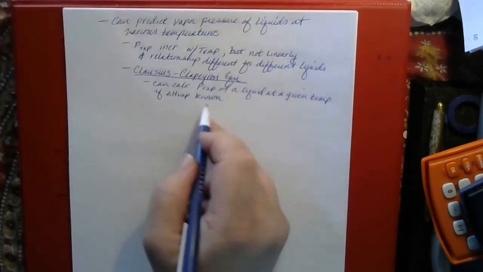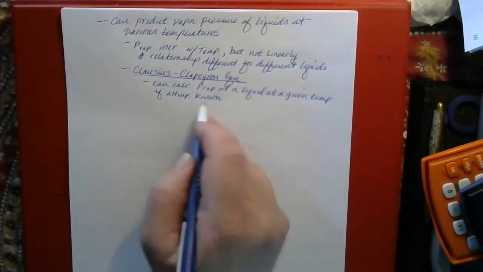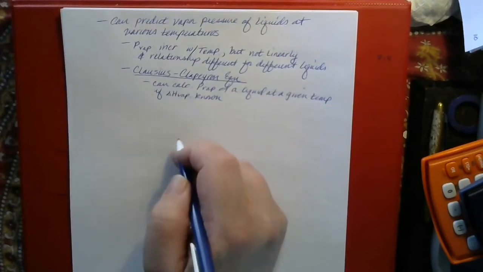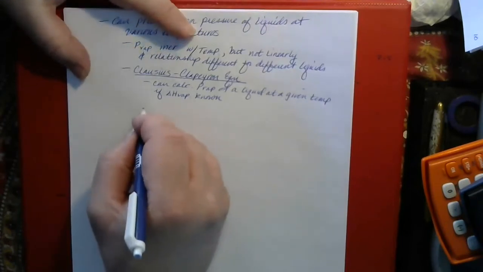So you can calculate the vapor pressure of a liquid at a given temperature, and all you have to know is the heat of vaporization.